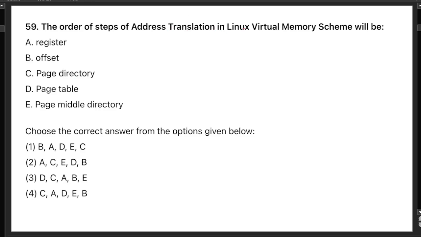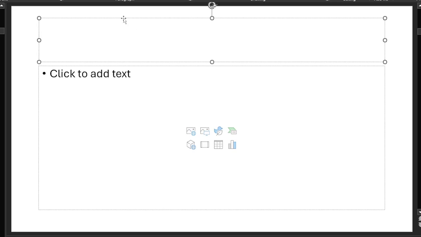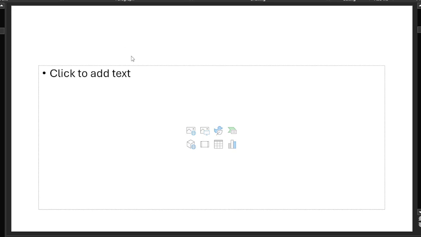Okay, and this Linux virtual memory scheme, we will make it as LVMS. So let's write about this one by one. So our first is page directory.